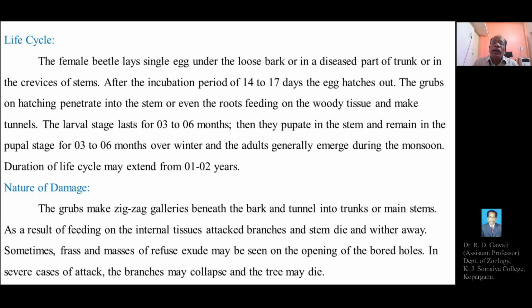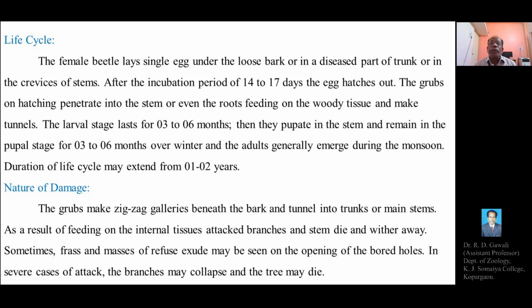Then we'll repeat the explanation regarding the life cycle. So the female beetle of the mango stem borer lays a single egg under the loose bark or in a diseased part of the trunk or stem or in the crevices of the stems.